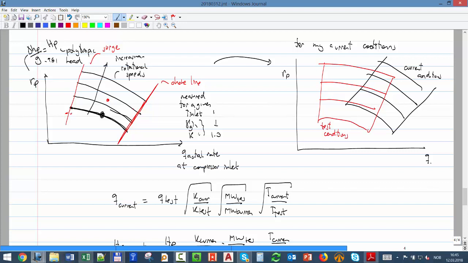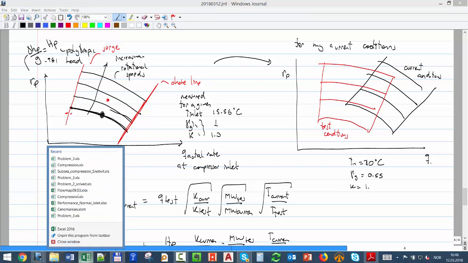And T inlet, let's say 15.56. Let's say in my real compression process, I'm taking that compressor and using it in Oscar. So now my T inlet is, like I say, 20 Celsius. My gamma will be methane, let's say 0.55, and the K will now be, I don't know, 1.3 something. What was it? How much did we have?